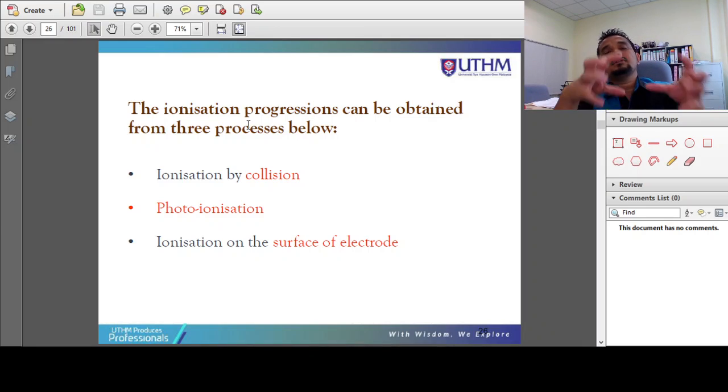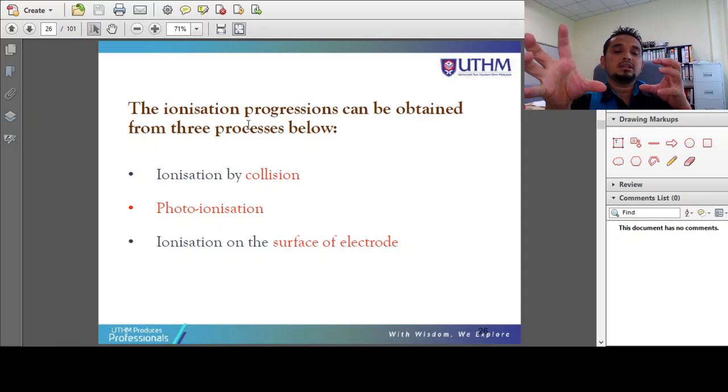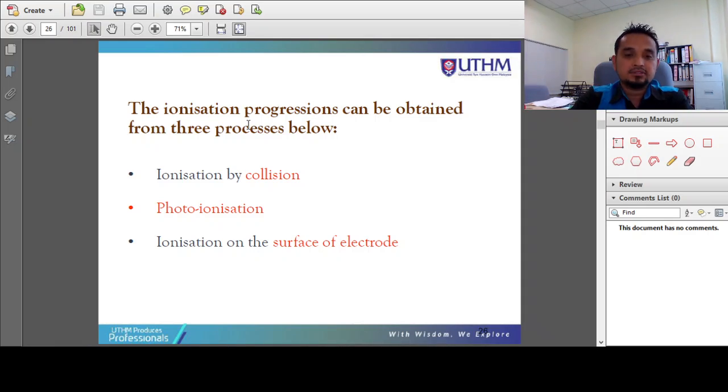Ionization itself is not really a failure, but the way it progresses will lead to the total failure of the dielectric materials.